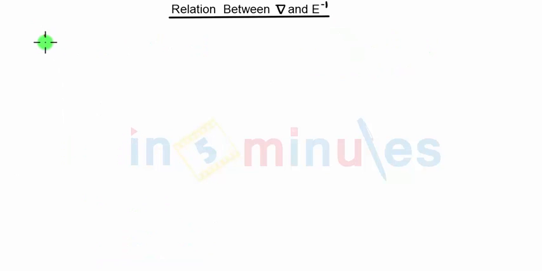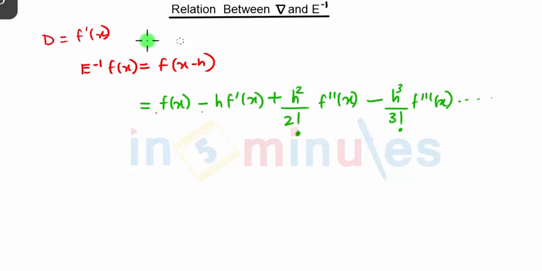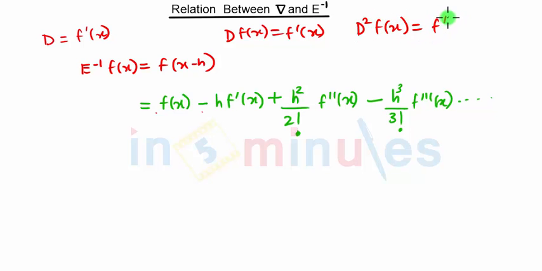If we define D equal to f dash of x, then we have e inverse of f of x equal to f of x minus h. So this is nothing but D of f of x is equal to f dash of x. Then D square, that is second derivative of f of x, is f double dash of x. So we are going to substitute these terms here.